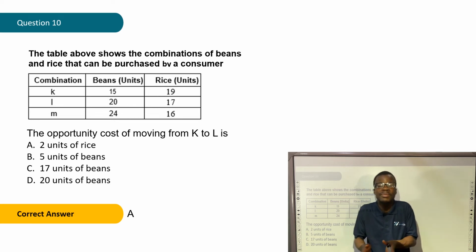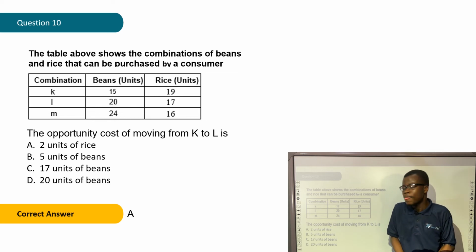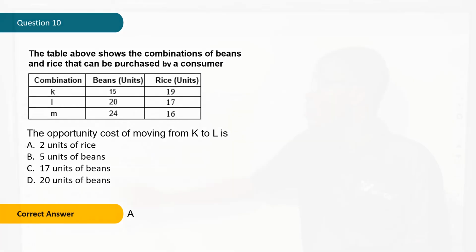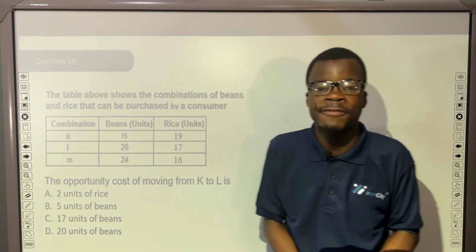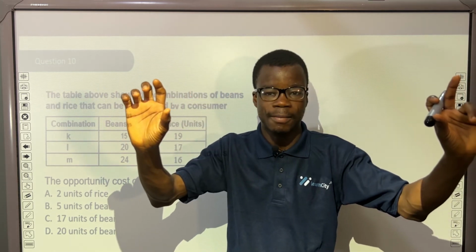The item that is being foregone, the quantity foregone, so as to be able to have additional quantity of another product. Now, let's move from the combination as specified. Combination K specified 15 units of beans and 19 units of rice.